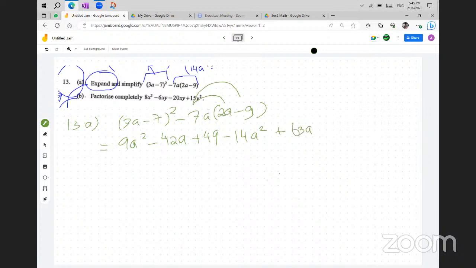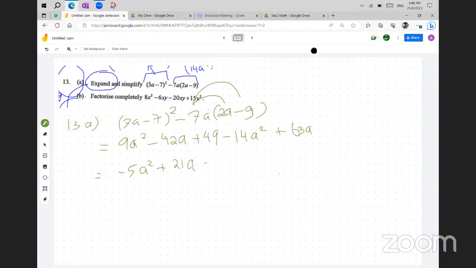So what do you do? You have to simplify. So 9a square minus 14a square, which is negative 5a square. Okay, negative. After that it's plus 63a minus 42a, which is 21a.